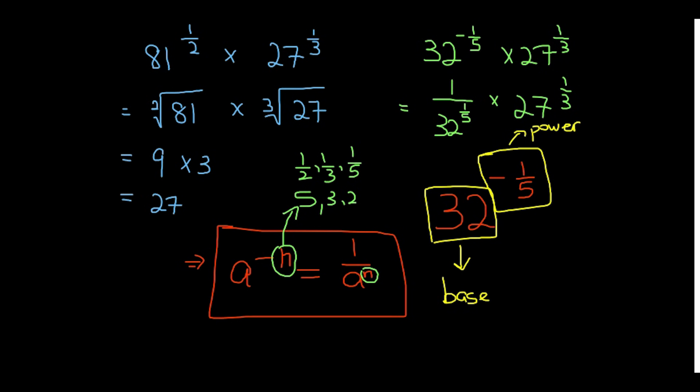Now, let's try comparing it with the rule that we want to apply. What is a? Anybody, what is a? Precisely, it's the base. Okay? So if a is the base, what is negative n?